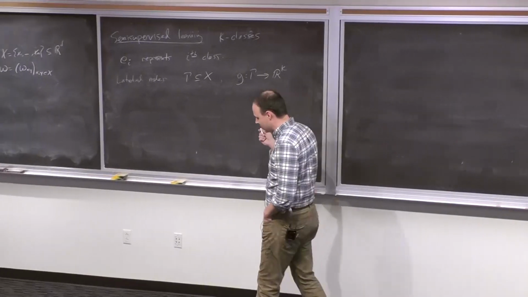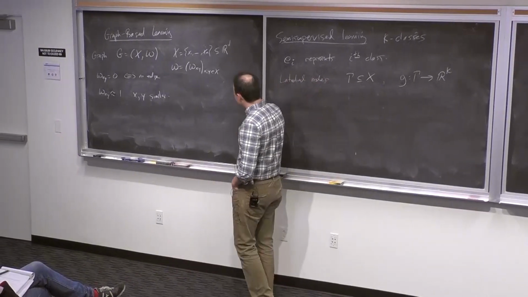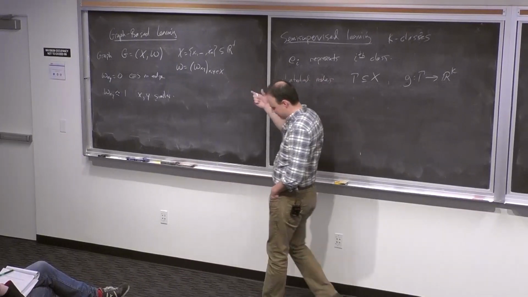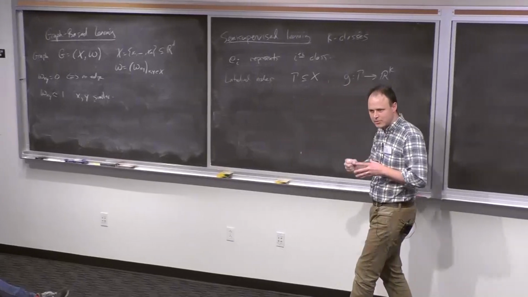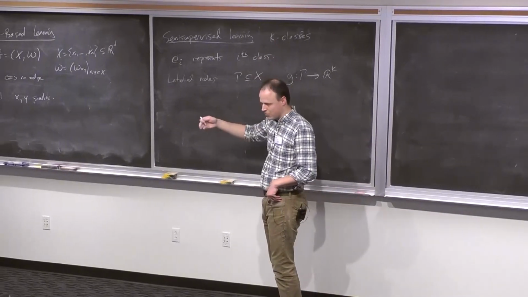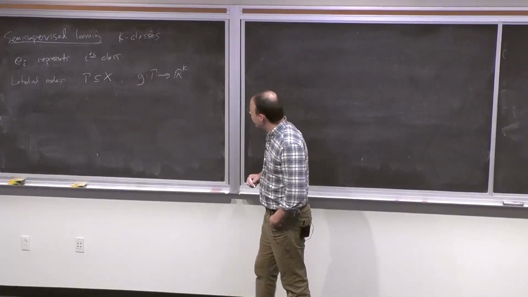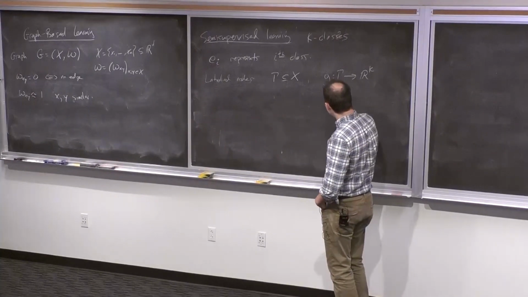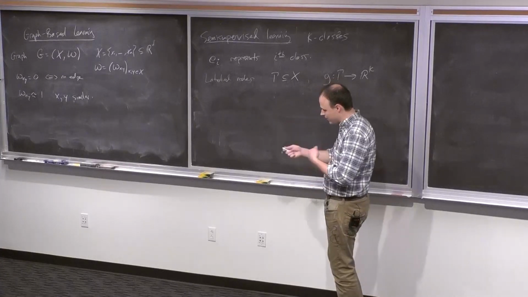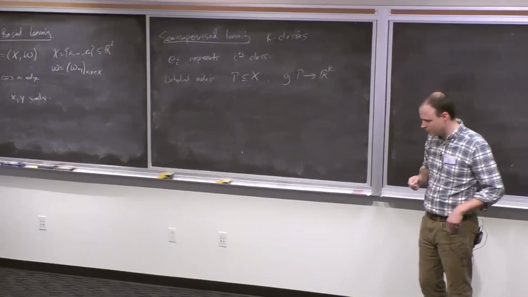In the examples I showed on the first day with image classification, each data point in the data set is an actual image with all these RGB pixels. And you assign a label based on what class it is. So it's a 0, 1, 2, up to a 9 if it's optical character recognition. And you provide the labels for some of the images. You construct the graph by looking at either pixel differences or some feature differences between images.